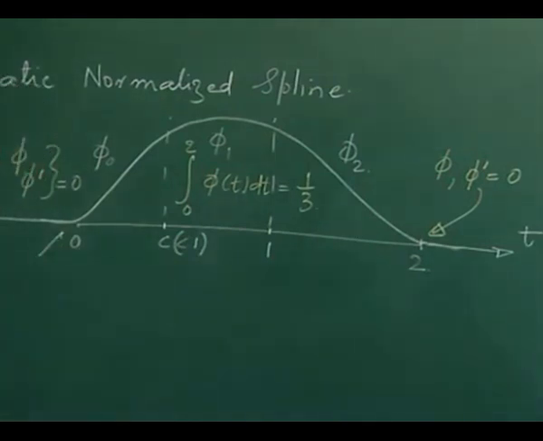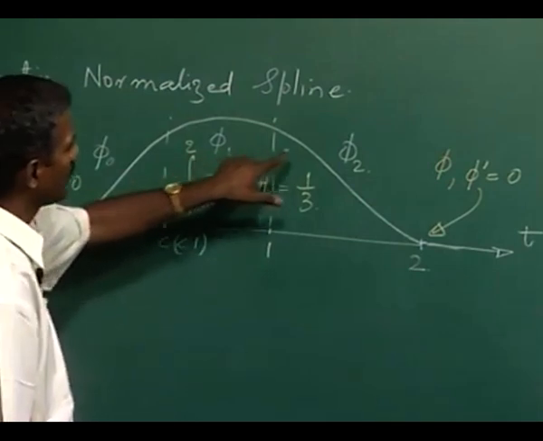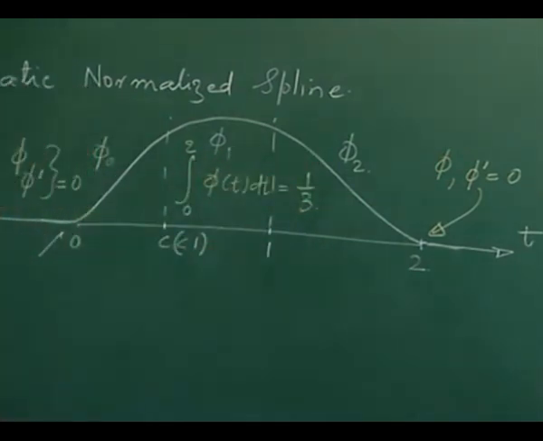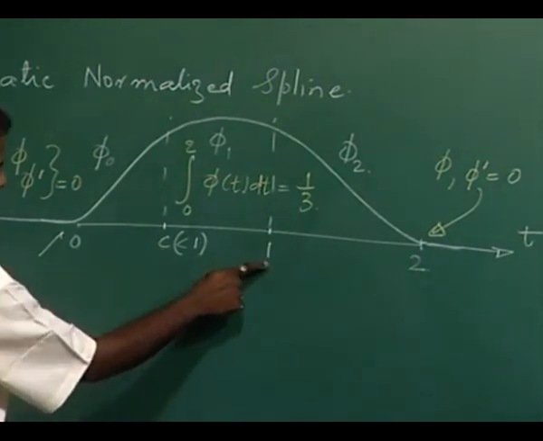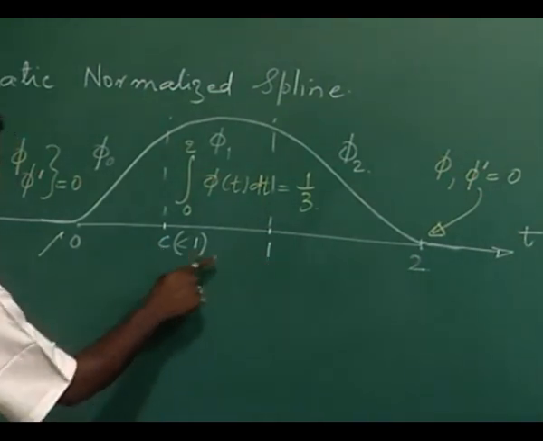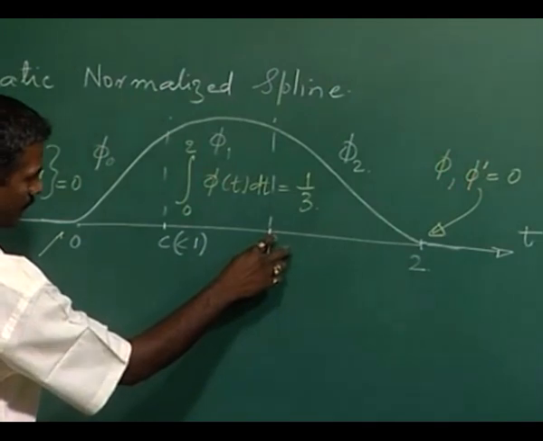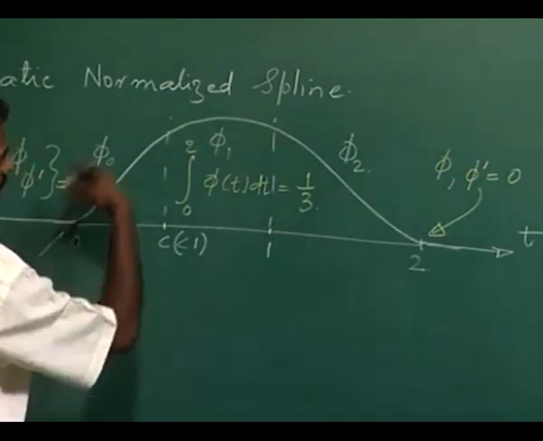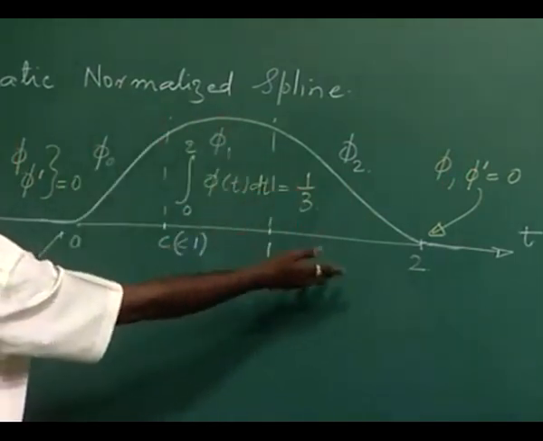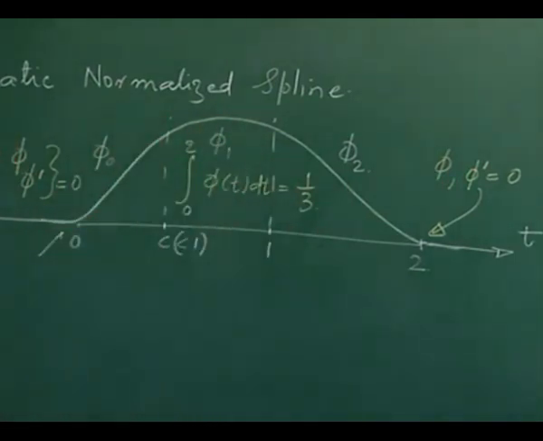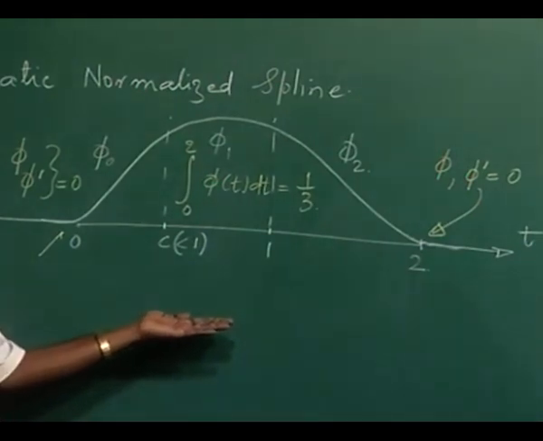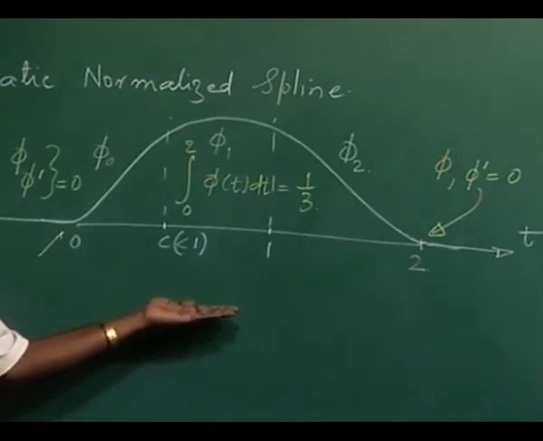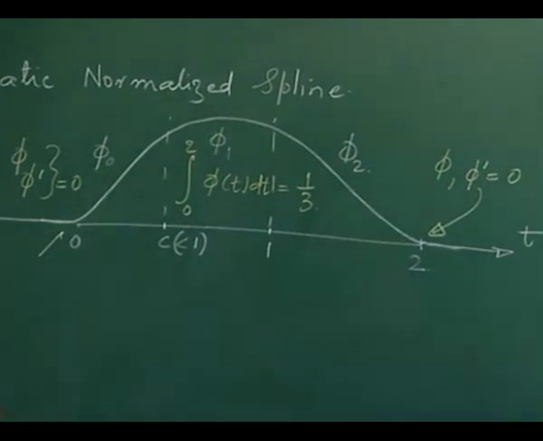And once we get the expressions for phi 0, phi 1, and phi 2, we will let C tend to 1, so that this knot here becomes a multiple knot, and observe what happens to this quadratic spline overall. Let's meet next with the solution to this problem.